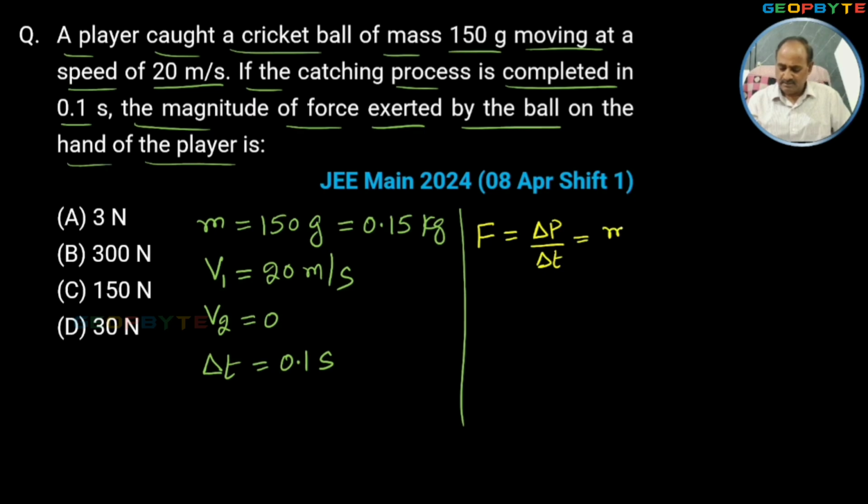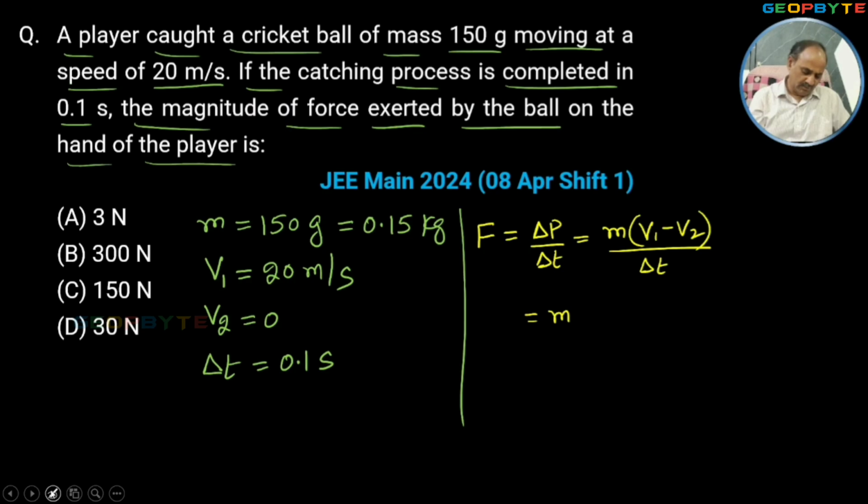Delta p means mass into v1 minus v2 divided by the time taken for the process. Mass into, here final velocity v2 equal to 0. Therefore, it is mv1 divided by delta t.